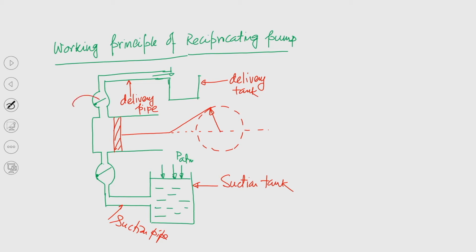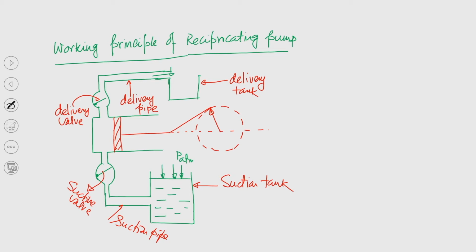This is one valve, which is placed here on the delivery side, the delivery valve. Another valve is placed at the suction side, and this is called the suction valve. Okay. So, this is the schematic depiction.